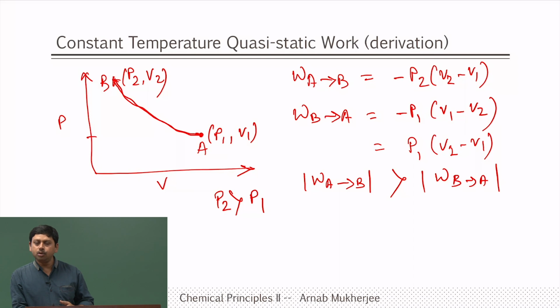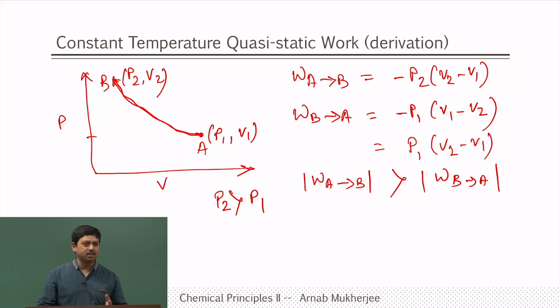Why do we have to take the magnitude? Because in one case it is work done on the system, in another case it is work done by the system. That is why we have these signs. Signs only mean that, but the magnitude of the work remains the same, right. When the environment is getting work out of the system, it will be negative. When we have to do work on the system, it will be positive.